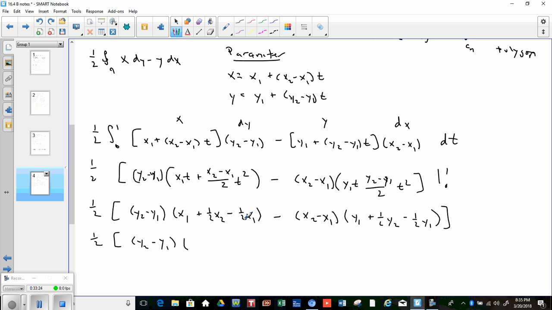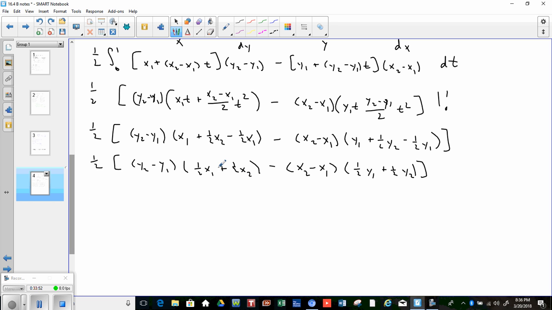And here I've got an x1 and a minus 1/2 of x1, so that gives me a 1/2 x1 plus a 1/2 x2 over here, x2 minus x1. And then I've got a y1 and a minus 1/2 y1, so that gives me a 1/2 y1 plus 1/2 y2.